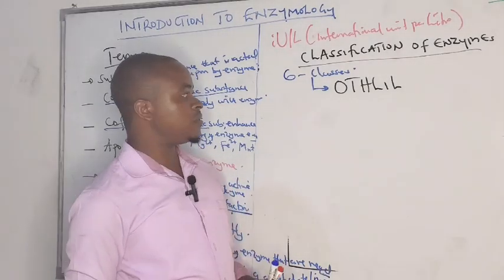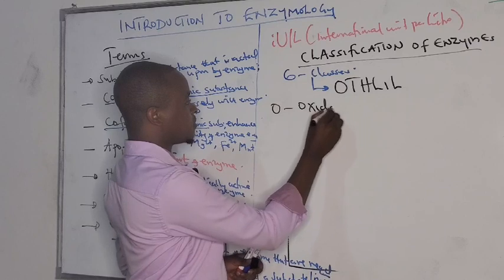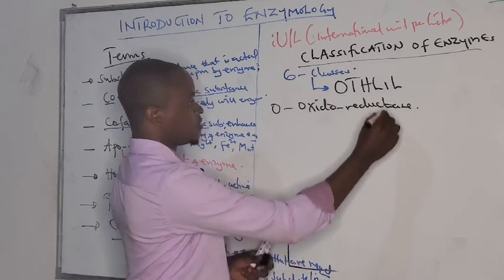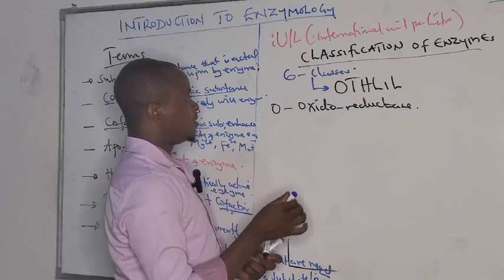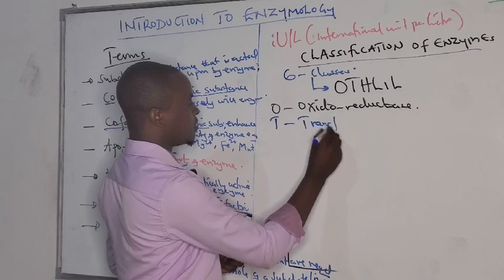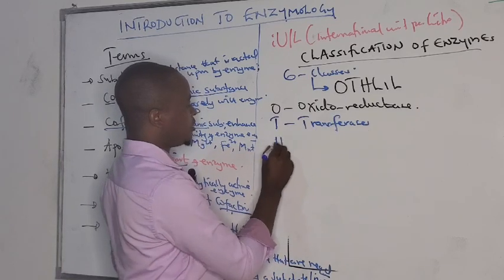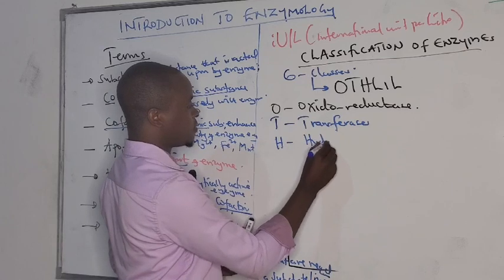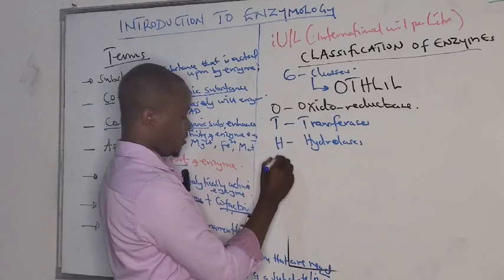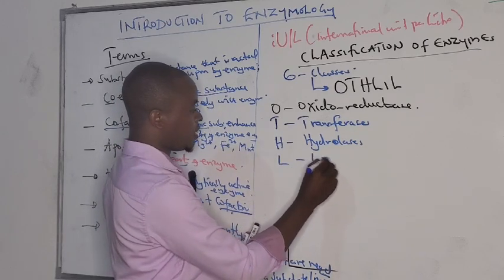Whereby in this mnemonic, O stands for Oxidoreductases. Then T stands for Transferases. Then H stands for Hydrolases. L stands for Lyases.